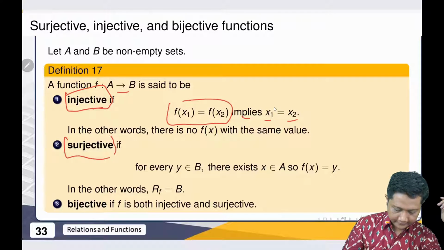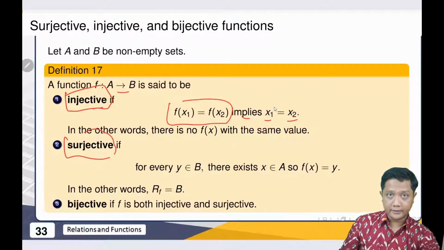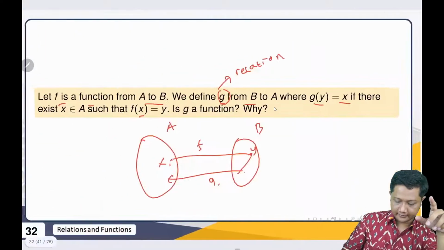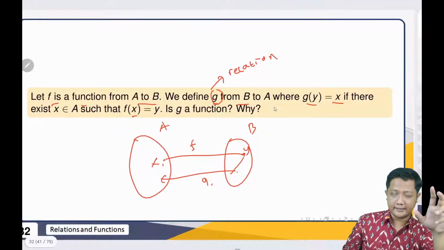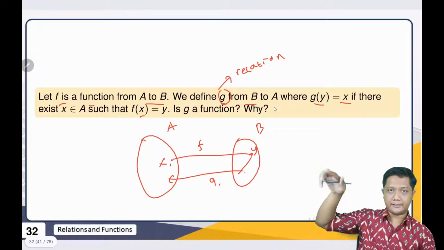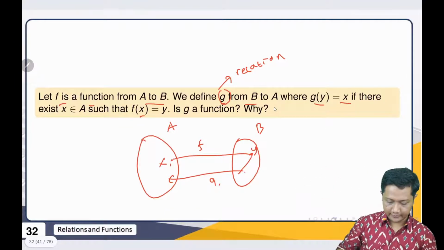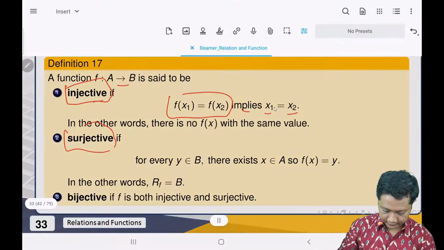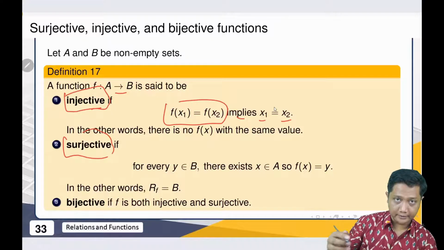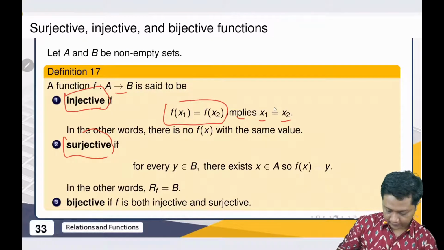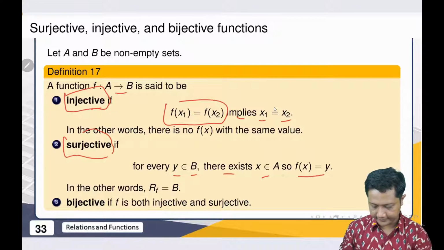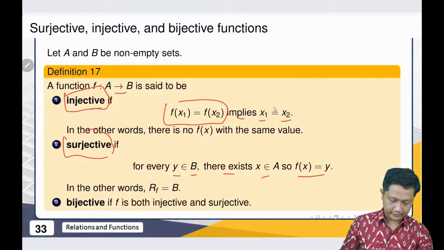And the second one is surjectivity, because when we make a map from B to A with g like this, there is no guarantee that every element in B can be assigned to A. That's why we need surjectivity. This will satisfy the requirements for g to be a function. So for every y in B there exists x in A such that f(x) is equal to y.